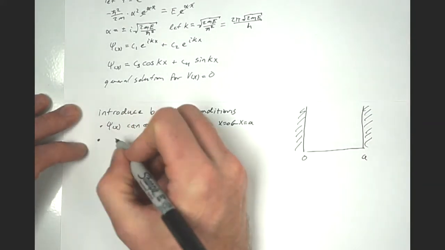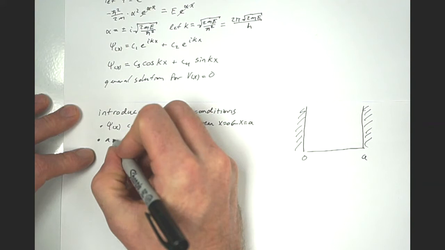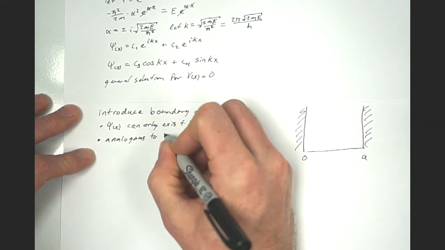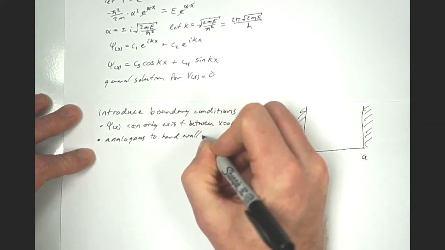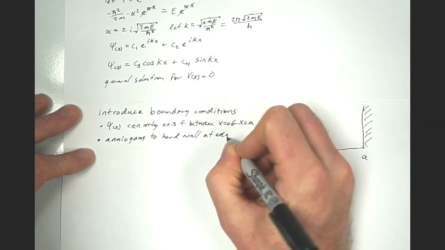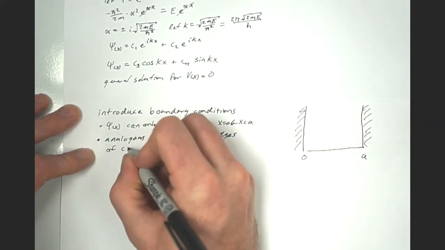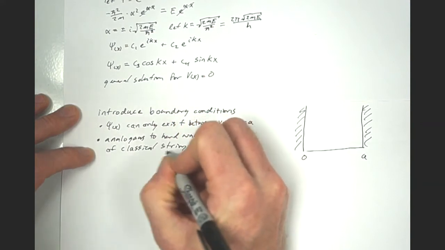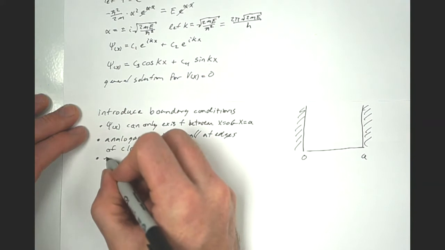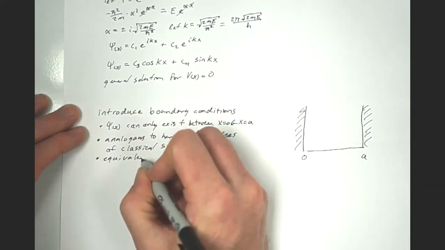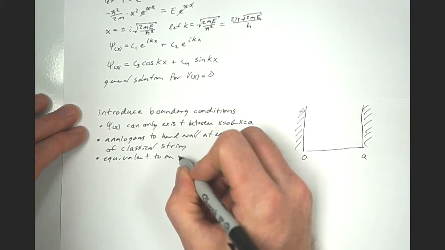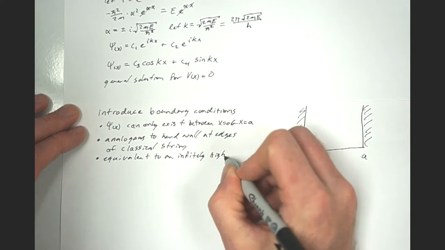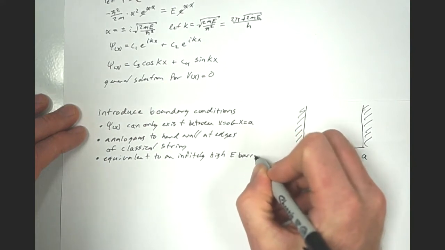So this is analogous to a hard wall at the edges of our classical string. And this is equivalent to an infinitely high energy barrier at each edge.